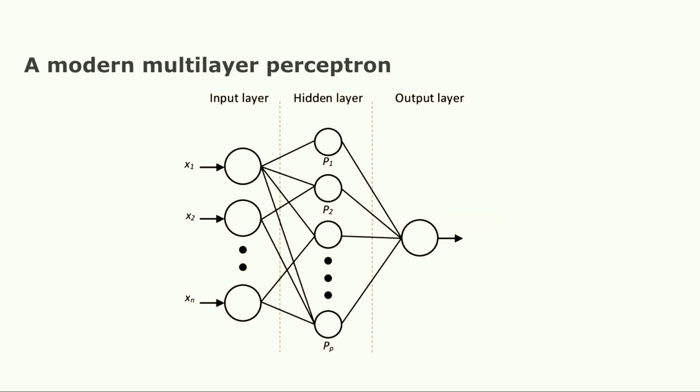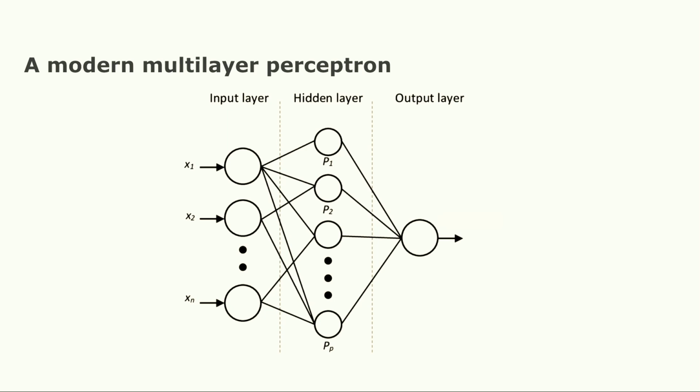In the 70s and 80s, the backpropagation algorithm was introduced, and people started training multilayer perceptrons as fully differentiable functions. A multilayer perceptron stacks the components that we saw before. We call input layer the layer that takes the X input features, which in the case of images are pixels. We call the output layer the one that produces the final prediction output, and the hidden layers are those that are between input and output layers.